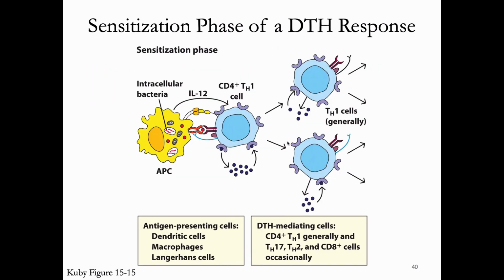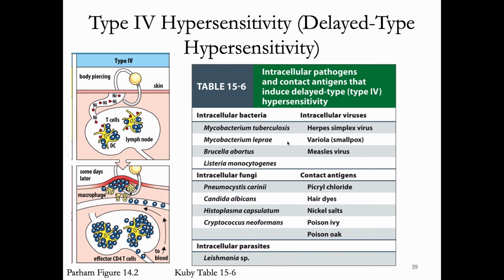And so you can see the same thing on this earlier slide where I told you about the DTH response, where you can see if someone is exposed to nickel, if they already have T cells responsive to nickel in their lymph node, the nickel goes to the lymph node, T cells respond, and they go straight back to that area about 72 hours later and induce some type of a reaction that we will see.